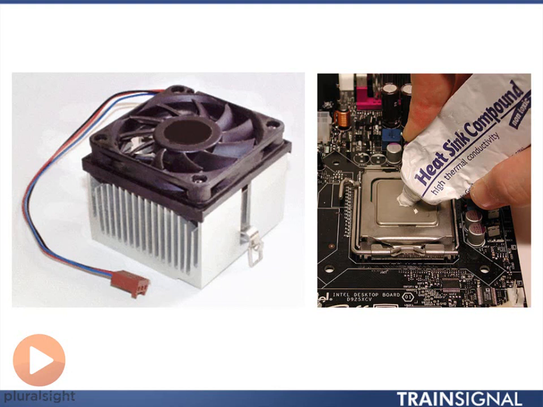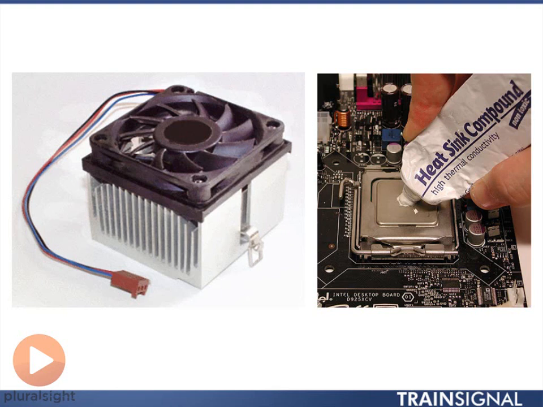So besides the heatsink and fan, something else that you should be using with today's processors and today's computers is something called a thermal paste. Now I have it illustrated for you here on the right, where it's just called heatsink compound. It's basically just a paste that you put on the top of the processor before you put the heatsink down on it.